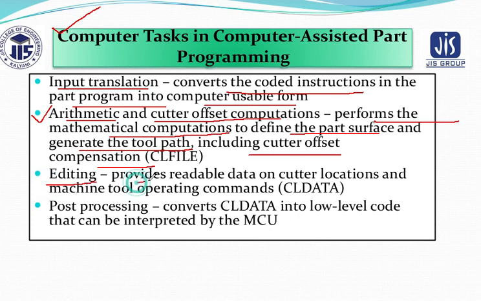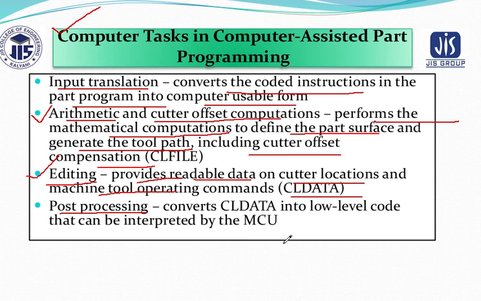It basically provides readable data on cutter locations and machine tool operation commands, which is also known as CL data. So editing is none other than providing readable data on cutter locations and machine tool operation commands. Next, it is talking about the post processing.